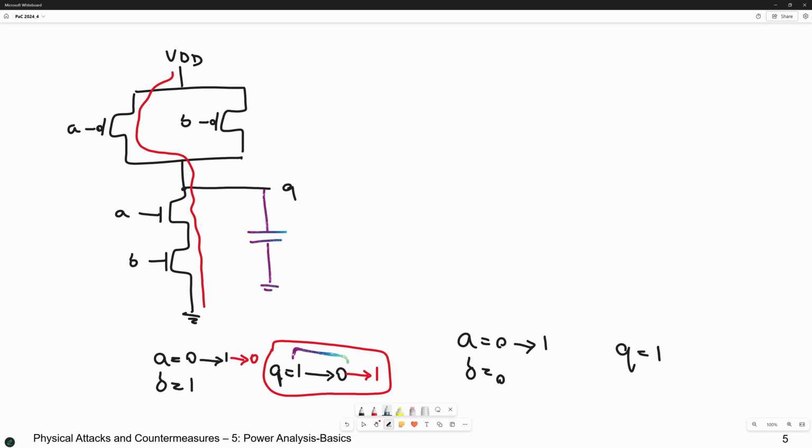If you have a capacitor which is fully charged, and you want to discharge it, it means that the Q is now connected to ground, and this capacitor was fully charged. Now you connect both pins of the capacitor together, meaning that you discharge the capacitor entirely. Then what happens?